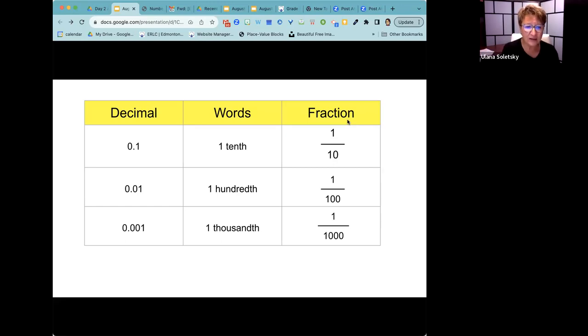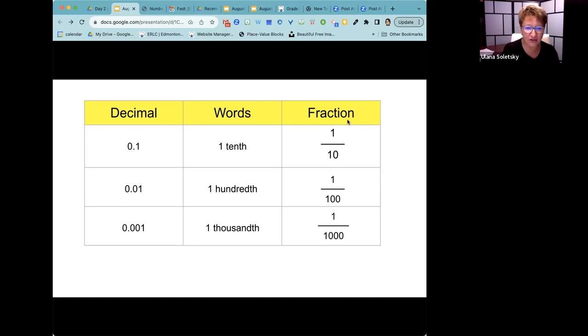So decimal, the tenth is 1/10, the hundredth is 1/100, and the thousandth can be written as 0.001 or 1/1000. So now think about the fact, if I was to say 3/10. Well, how do I write 3/10 as a decimal or as a fraction?